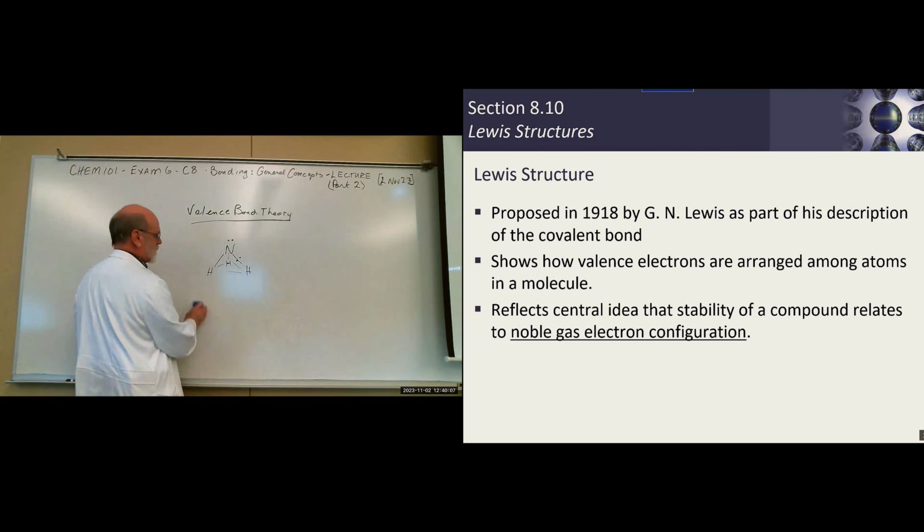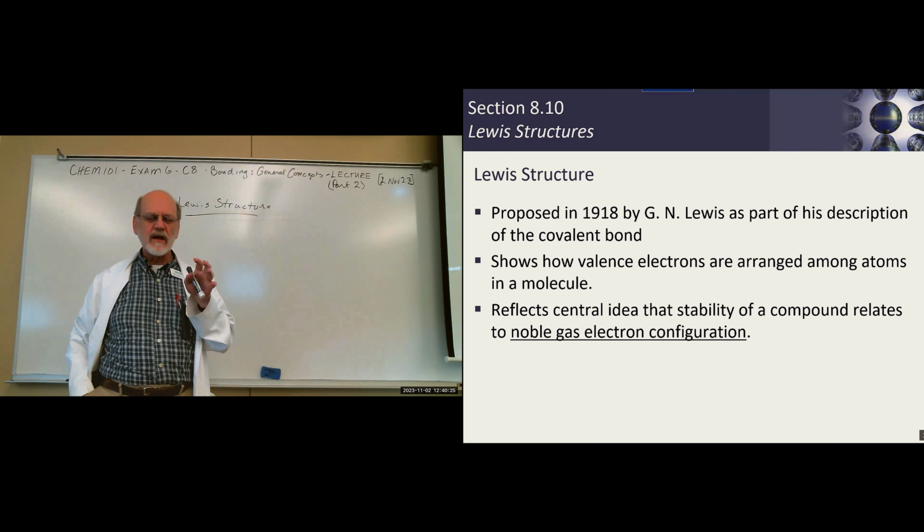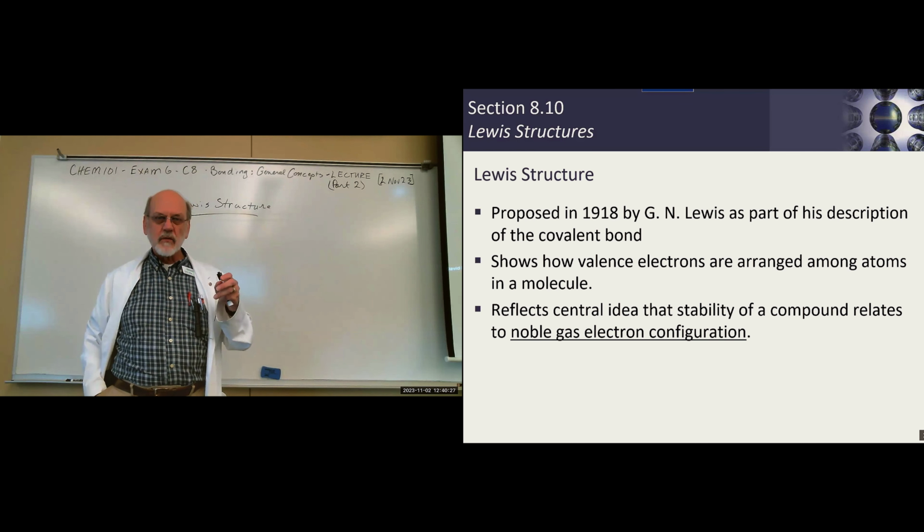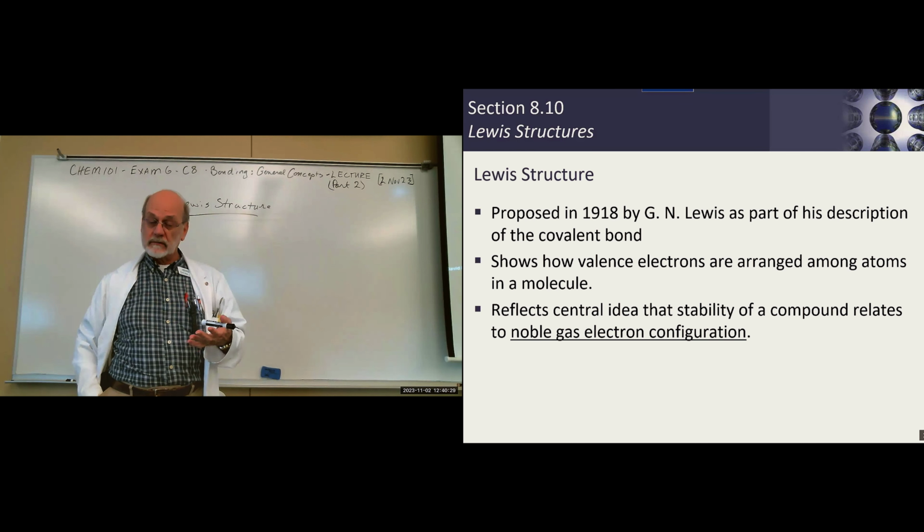G.N. Lewis wanted a way to describe molecules that was simple, right, and accurate, and he's relying principally upon molecules that are formed with the second and third period, where we don't introduce, at least in the beginning, d orbitals.